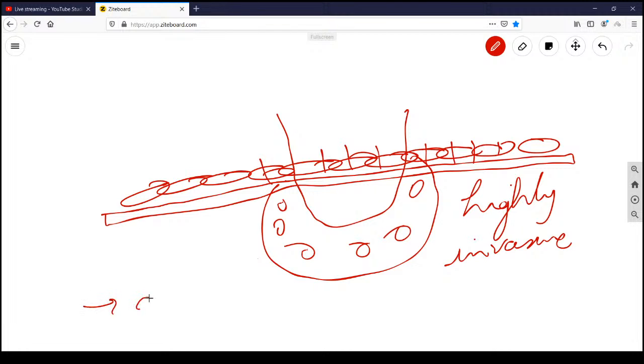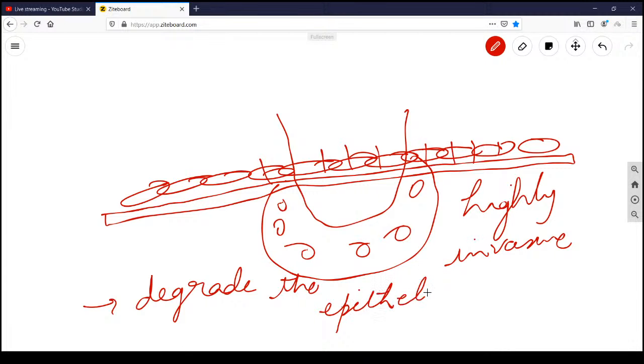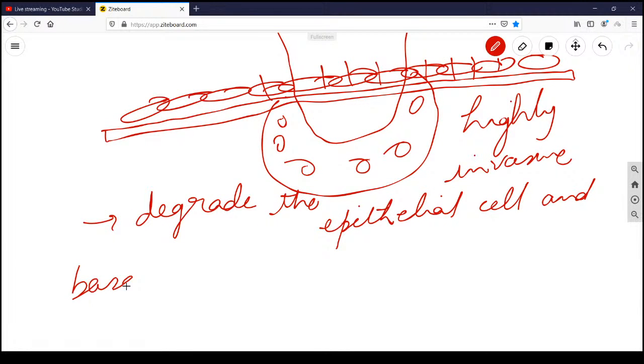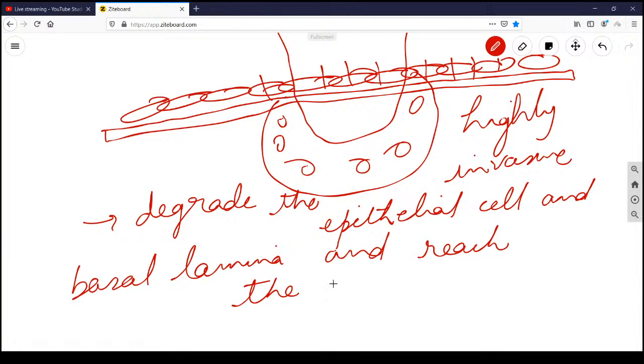It will be able to degrade the epithelial cell and both basal laminae and reach the stromal layer. Now, how will it be able to break them?